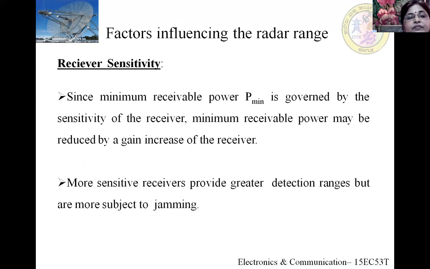Since the minimum receivable power P minimum is governed by the sensitivity of the receiver, it may be reduced by a gain increase of the receiver. More sensitive receivers provide greater detection ranges but are more subject to jamming.